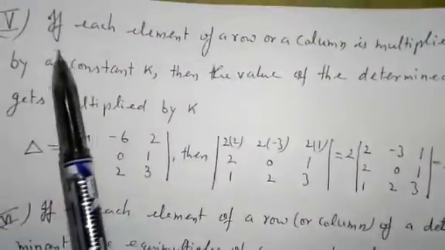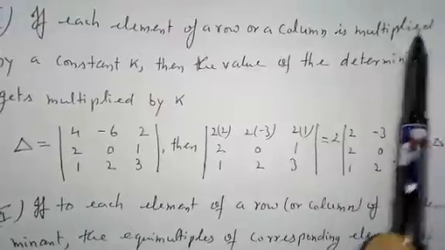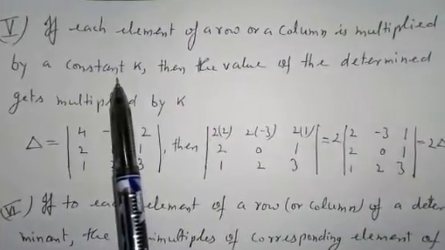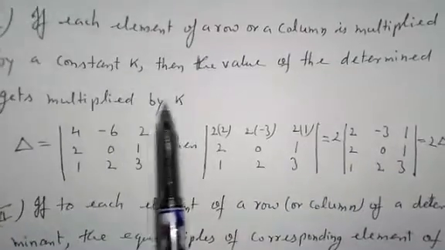Now, fifth property: if each element of a row or a column is multiplied by a constant k, then the value of the determinant gets multiplied by k.